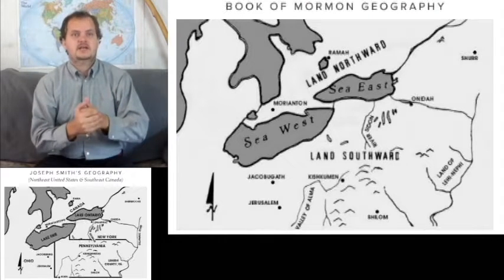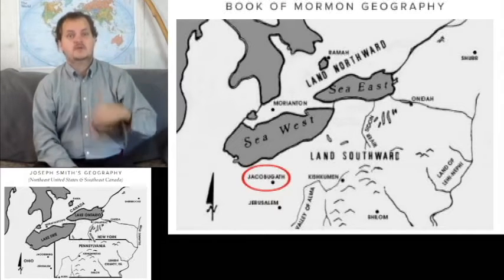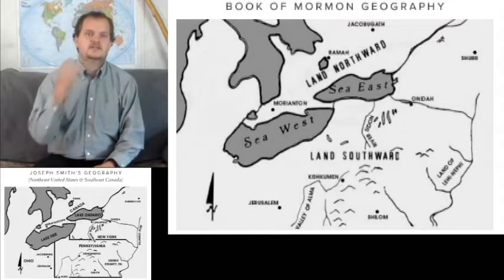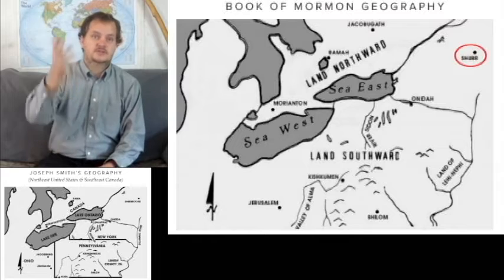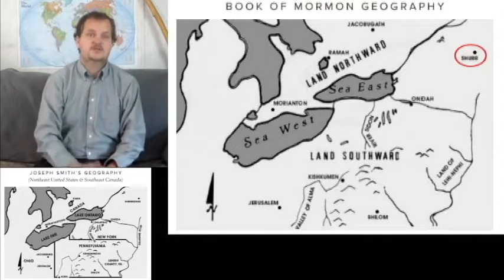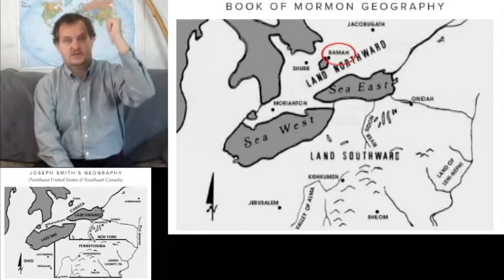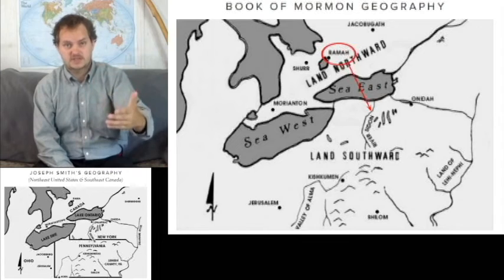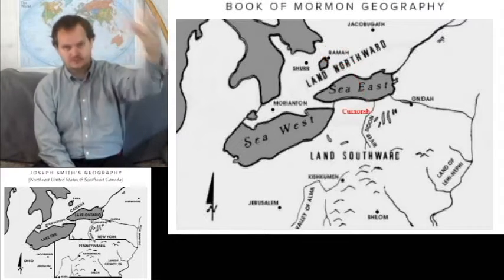For instance, he places the city of Jacob-Uyoth in the southwest and in the land southward, when it should be as far north as possible in the land northward. He has the land of Shur also apparently in the land southward, and it should be in the land northward. He has the Ramah, which should be in New York, because it's the same hill as Cumorah, which is also placed in the land southward here, which should be in the land northward.